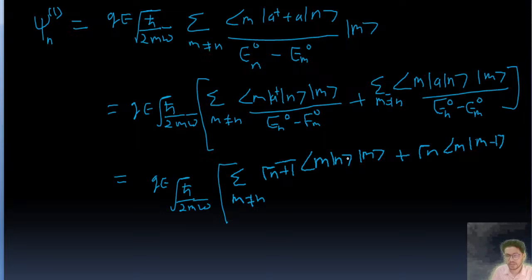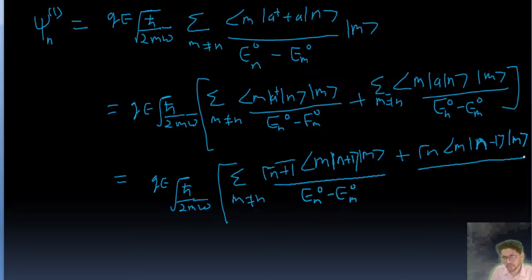So this is n plus 1 and this is n plus 1, n plus 1, and this is n minus 1, and outside m, upon En naught minus Em naught, upon En naught minus Em naught. Okay, so now we'll solve it further.